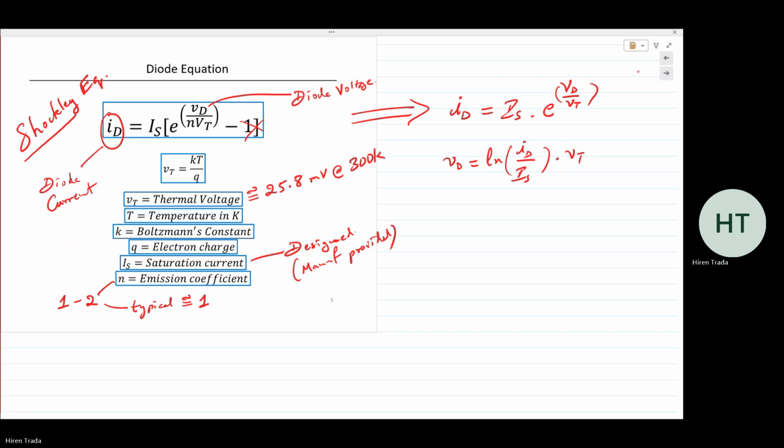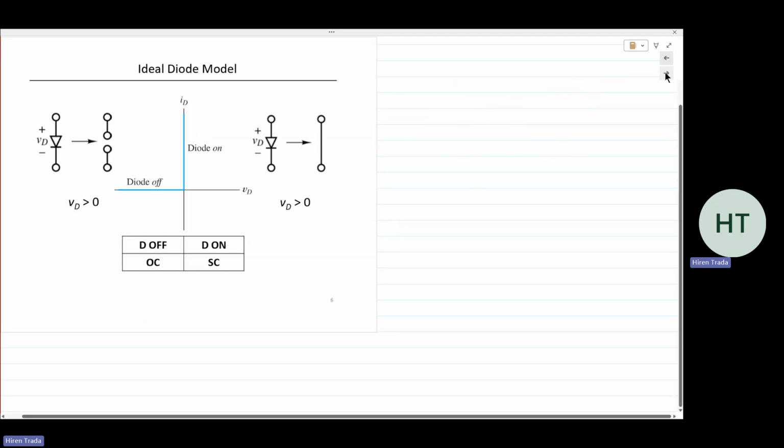Now, oftentimes we want to make a quick analysis of any circuit. In order to do that, we use a model known as the ideal diode model. The assumption in the ideal diode is that when the diode is forward biased, it turns on. It does not require a forward voltage. Since it's ideal, there is no gap, there is no built-in electric potential.